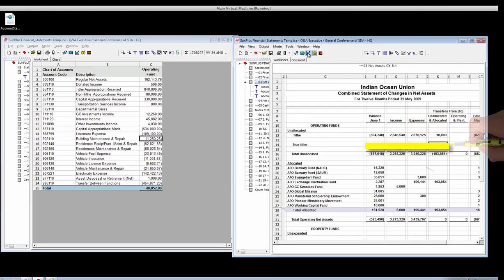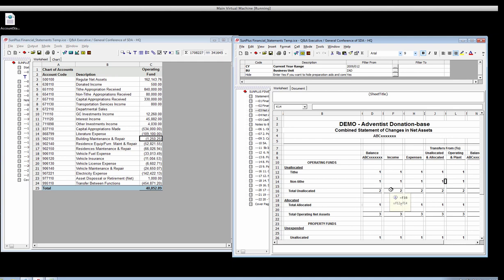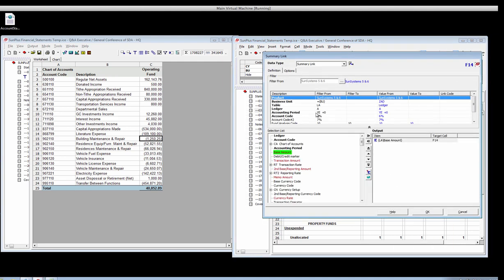So I come over here and say, what is going on with these figures? I'm opening the query here. What is the problem with this query? It's picking up the right accounts. This is the income accounts for Fund 10. I'm in the operating fund. Restriction code 1 would be non-tithe and AF.